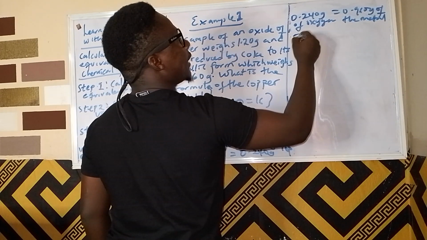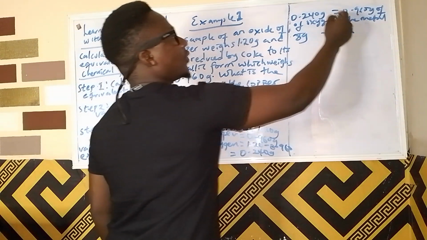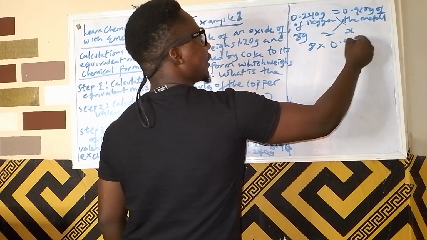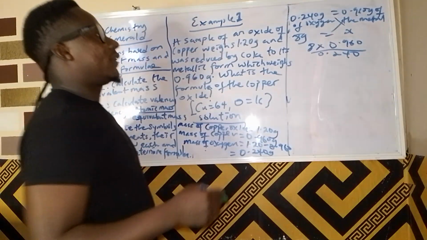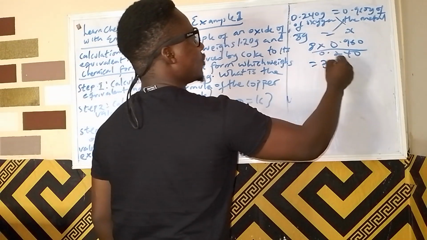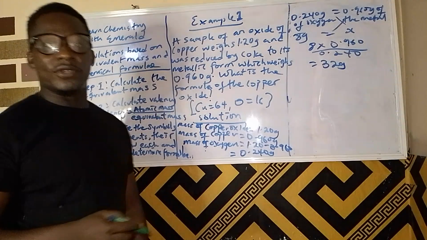Then 8 gram of oxygen will combine with X. Then you cross multiply. You are going to have 8 multiplied by 0.960 over 0.240. So the equivalent mass of the metal will be equal to 32.